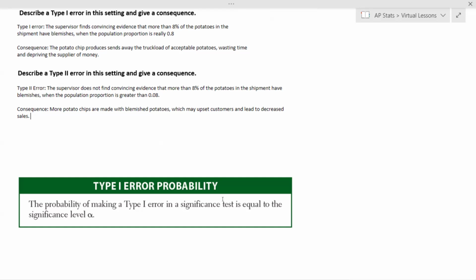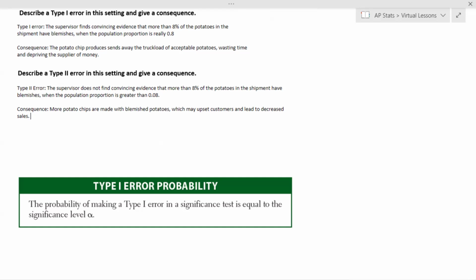When the null is true, this will happen 5% of the time just by chance. In other words, the probability of a type 1 error is equal to the significance level. That's the concept we want to understand here: the probability of making a type 1 error in a significance test is equal to the significance level.